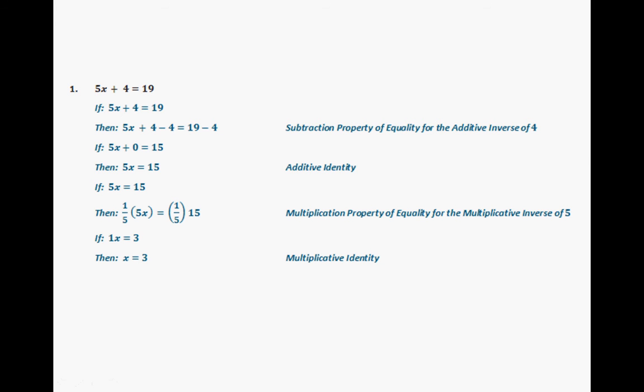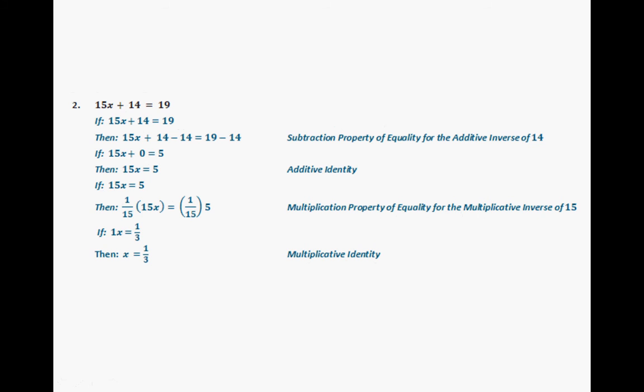All right, number 2 should be done. So here is the answer to number 2. Again, if-then statements and stating the property after each then statement. Okay, number 3. You have a word problem about Claire's mom.